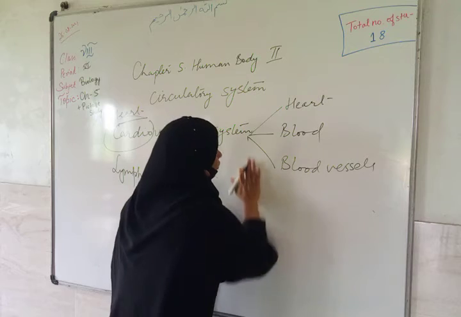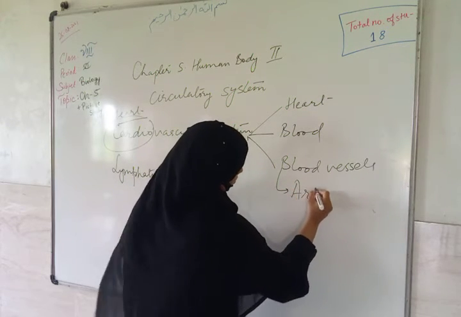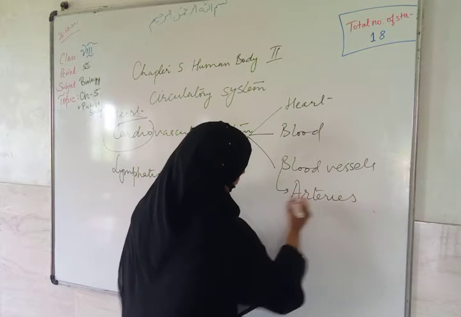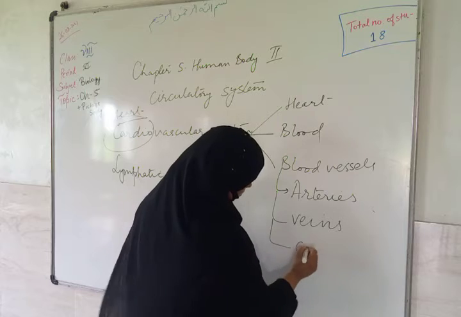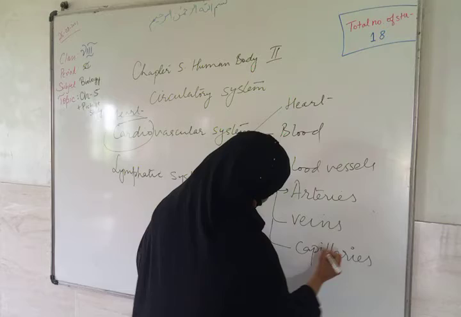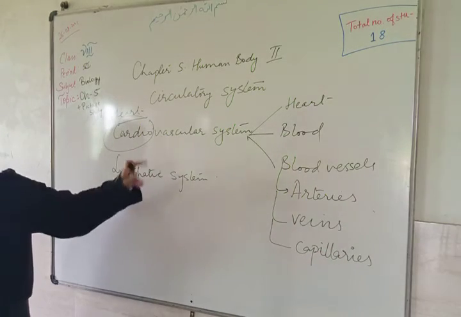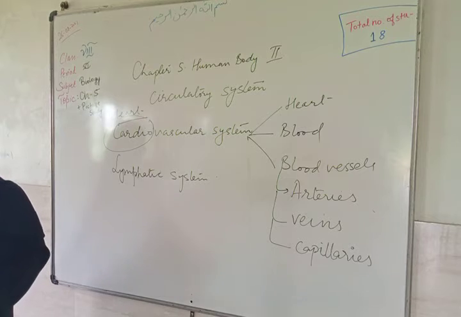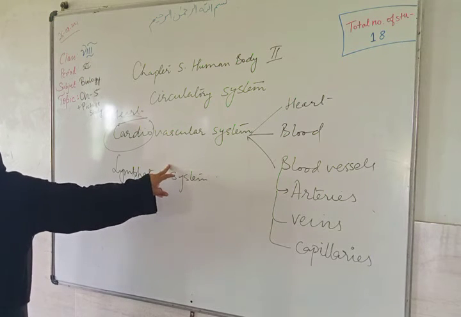Blood vessels are of 3 types: arteries, capillaries, and veins.